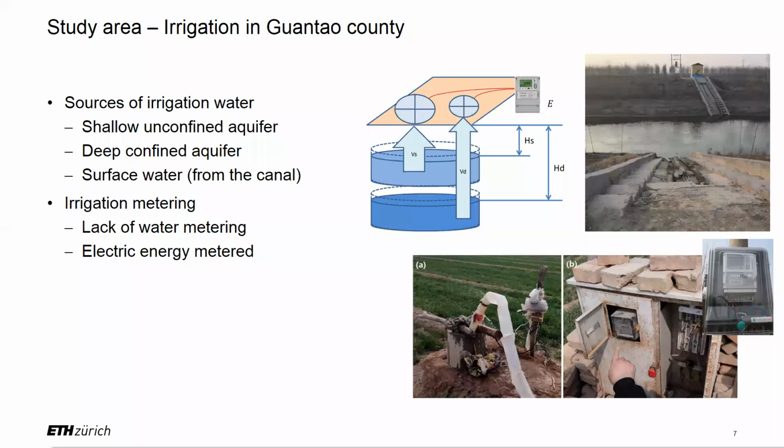There is also some irrigation water from the deep confined aquifer and some from surface water in recent decades. There is no water metering at the irrigation wells, but all the electricity is metered. This is the basis of groundwater pumping monitoring.